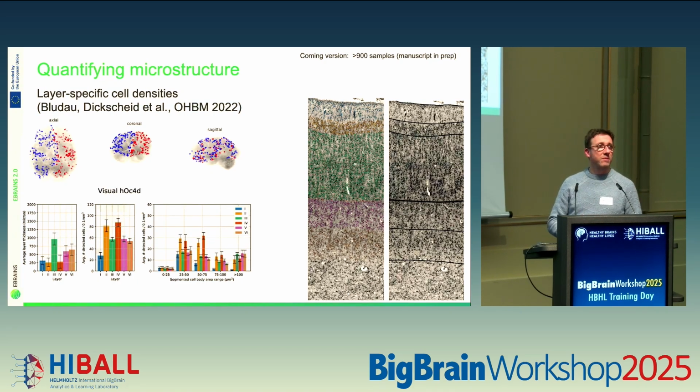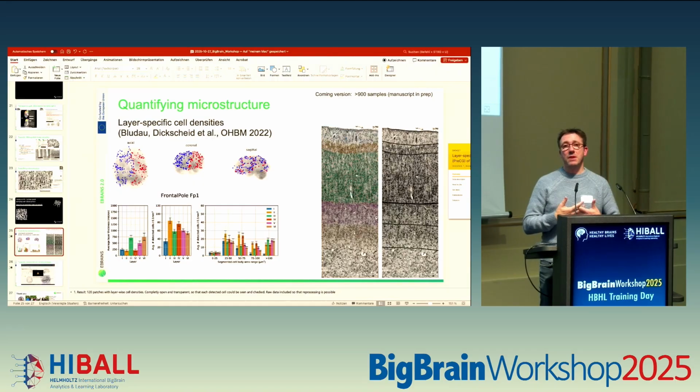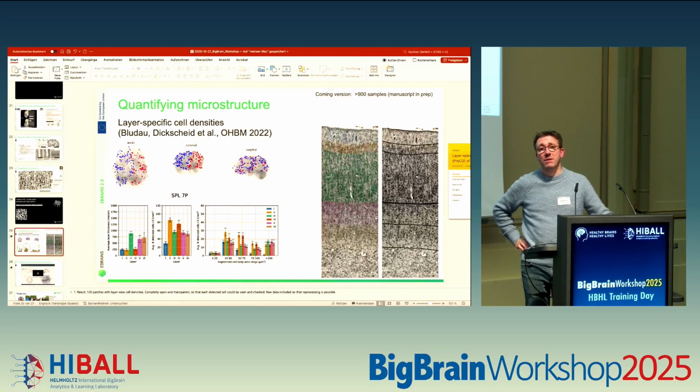Of course, it gets much more interesting once you go into multiple subjects, right? So in the future, we want to apply the workflow that we present here to data from different subjects. But it's not as easy.